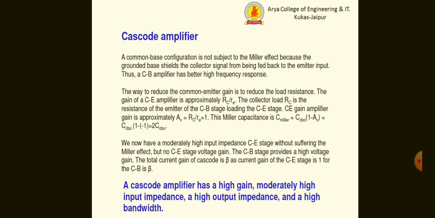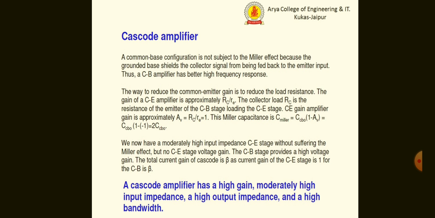A common base configuration is not subject to the Miller effect because the grounded base shields the collector signal from being fed back to the emitter input. Thus, a common base amplifier has better high frequency response. The way to reduce a common emitter gain is to reduce the load resistance.